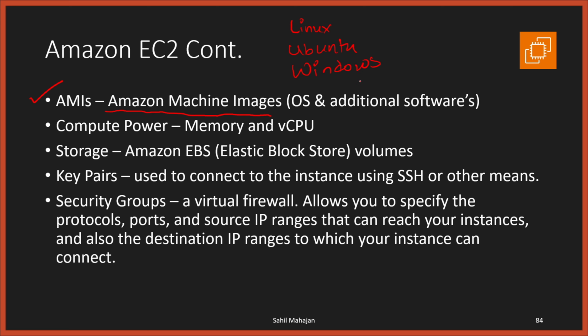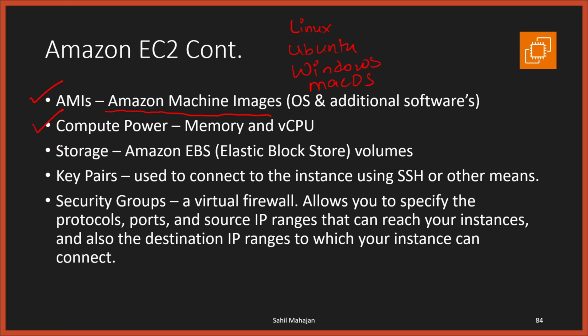AWS also provides Windows. And another really cool thing is that AWS also supports Mac OS, so you can deploy a Mac OS operating system onto your instance. So whenever you get any question in the exam related to operating systems and additional software, you should always think about AMIs, that is Amazon Machine Images.